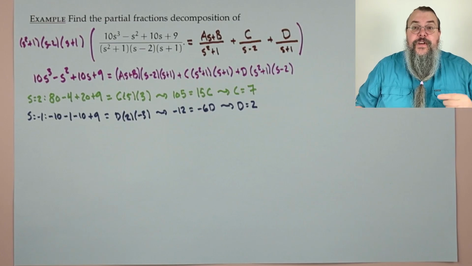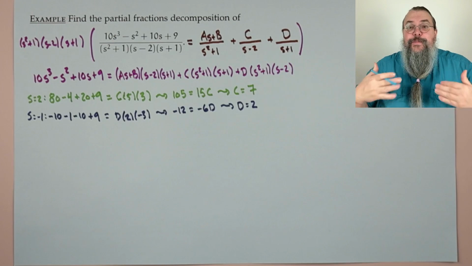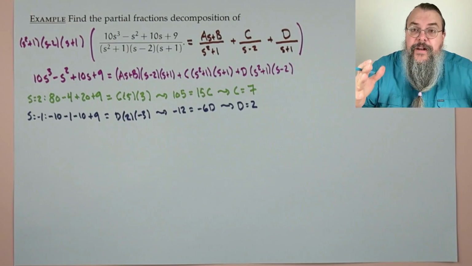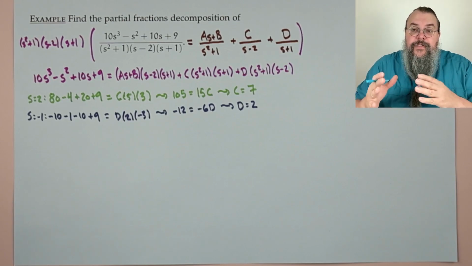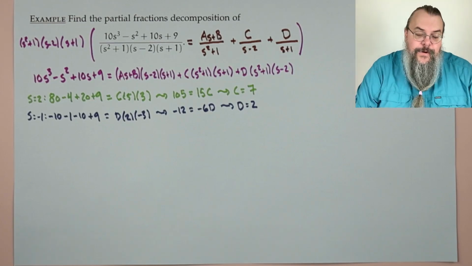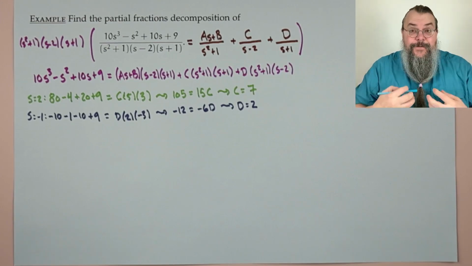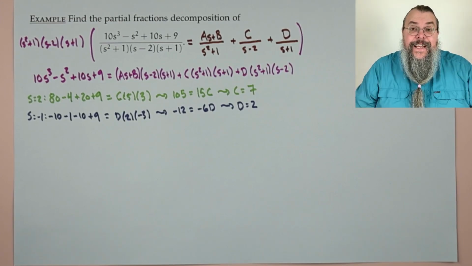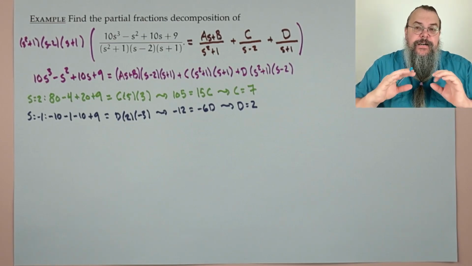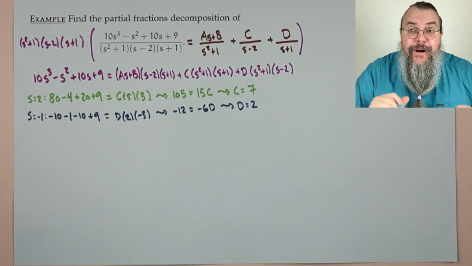The way it works is real recognizes real: if I plug in a value and expand, then the real part on the left and right sides have to be equal, and the imaginary part on the left and right sides have to be equal, and that's enough to figure out both a and b at the same time. The trade-off is you have to work with imaginary numbers, and that can be challenging sometimes. So I tend to avoid that. If you're great with working with imaginary numbers, more power to you.